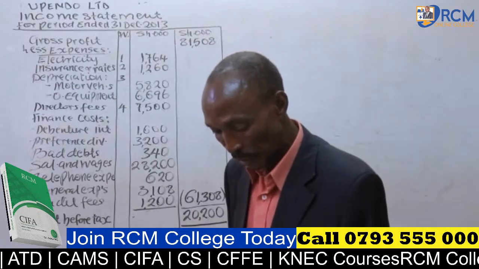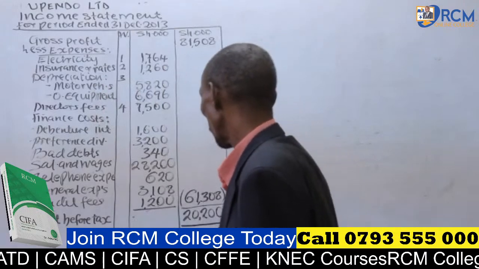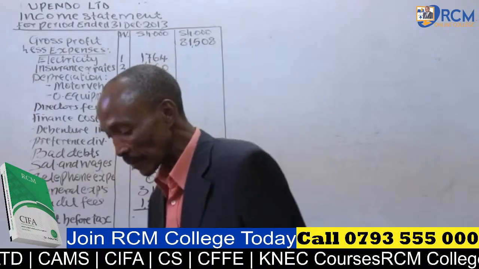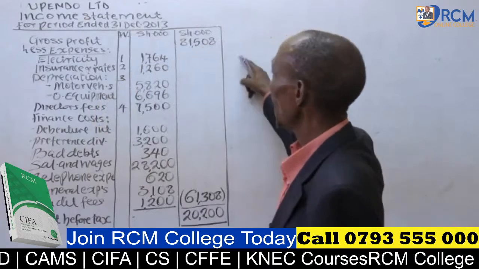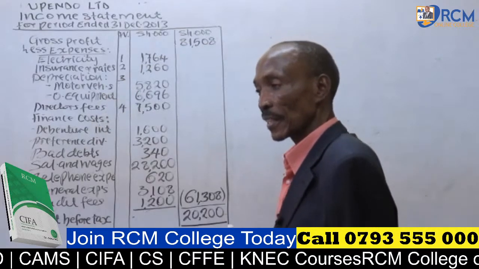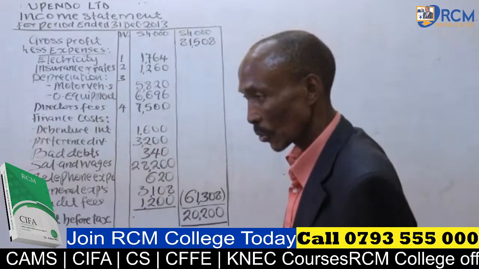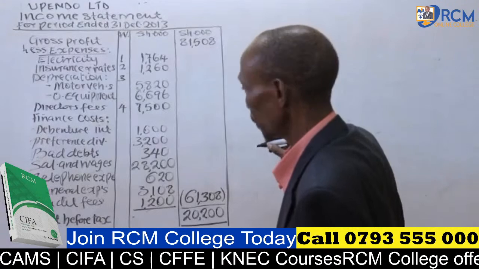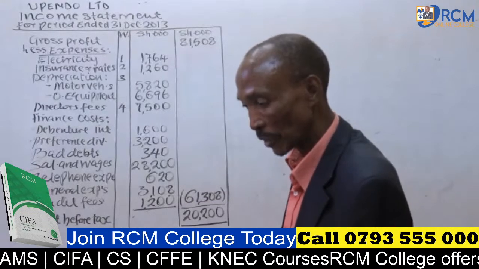Now, next will be, how do we prepare a statement of financial position? There is one working that you can only do after you have done the income statement. That working is about the retained earnings. I don't know what working number that would be.